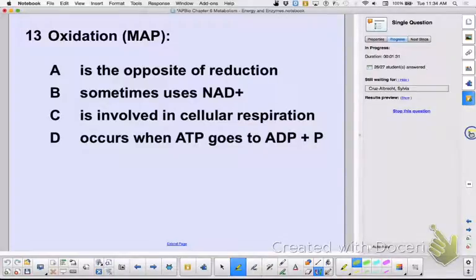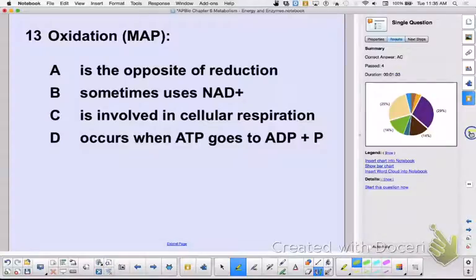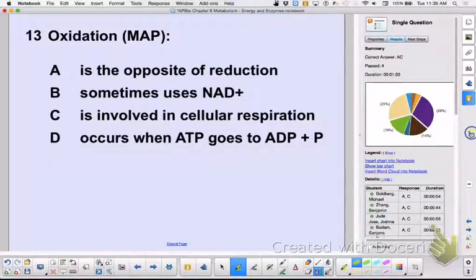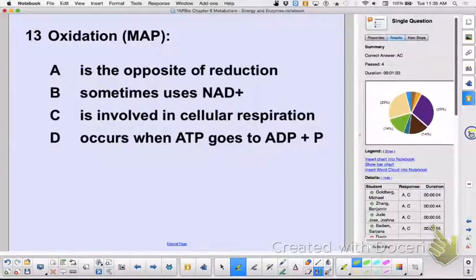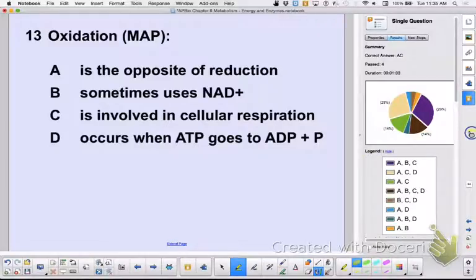I think I have to make it public, and it's not public yet. I don't know how to do that on my phone. Edit. Okay, everybody finished? Oh, it is public. Michael Goldberg. We only got 4 of us. So let's talk about it. I told you it's tricky.